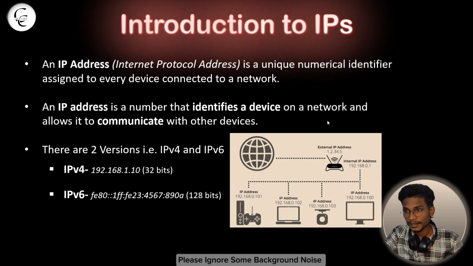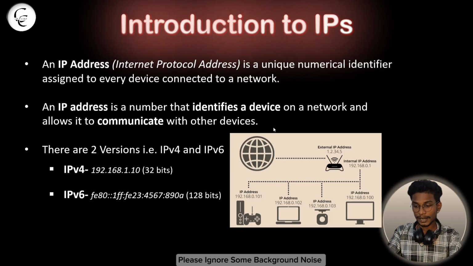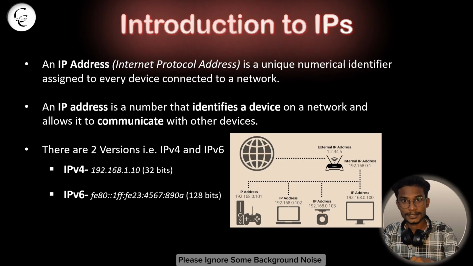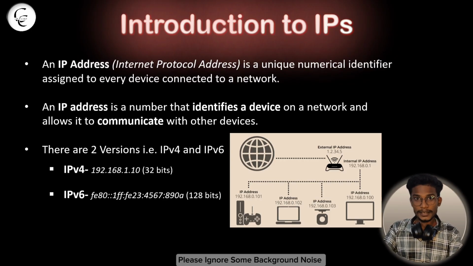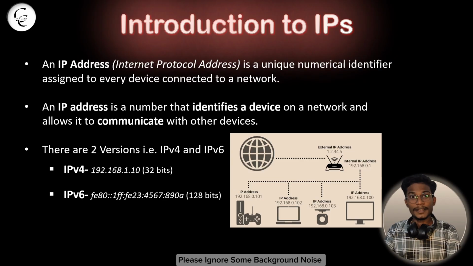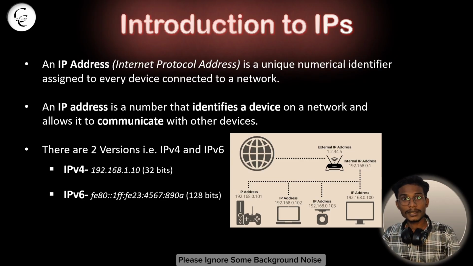An IP address is a number that identifies a device on a network and allows it to communicate with other devices. It means basically like we have a certain address, our home is at some address, our school is at some address. Like that, every digital device connected to the internet has a unique address, and that is the IP address or internet protocol address.